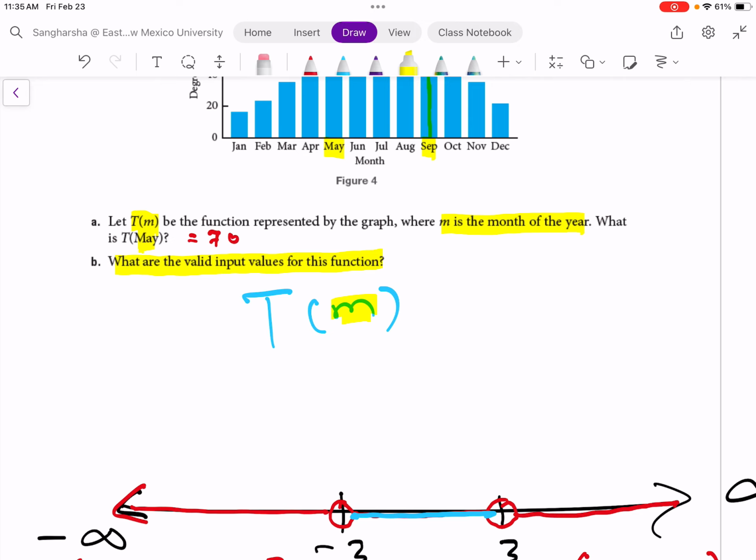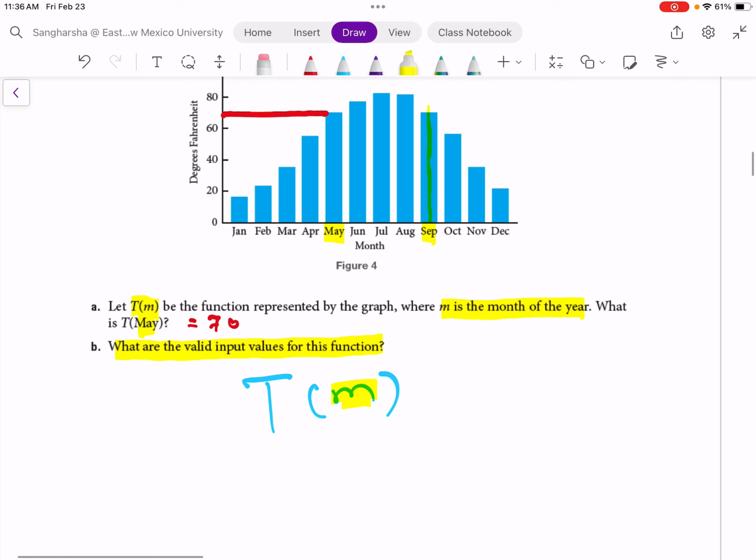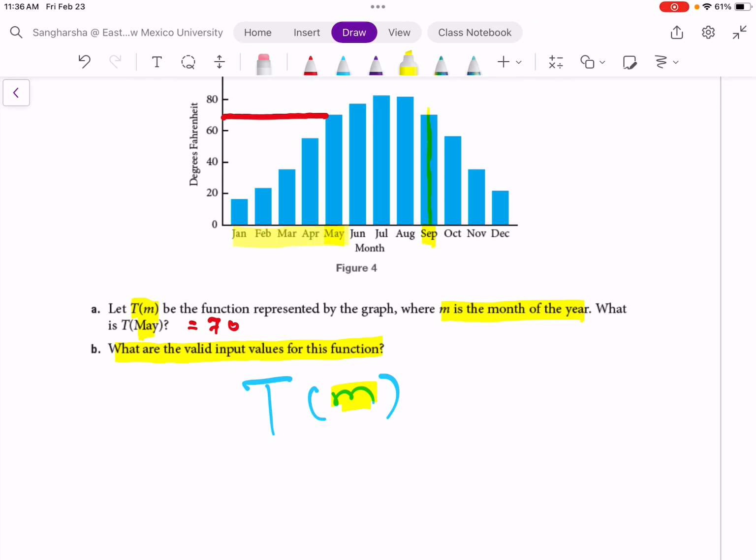It's only the months of the year, so we have 12 values in the domain. We can't choose a number. If you are asked to find T of 10, that is undefined, because 10 is not in the domain. Your domain is M, the month of the year. So T of 10 is undefined, but we can find the output for each of these 12 months with the help of this bar diagram.